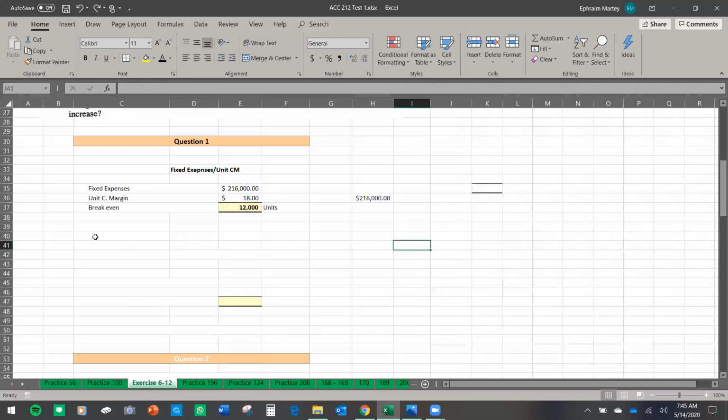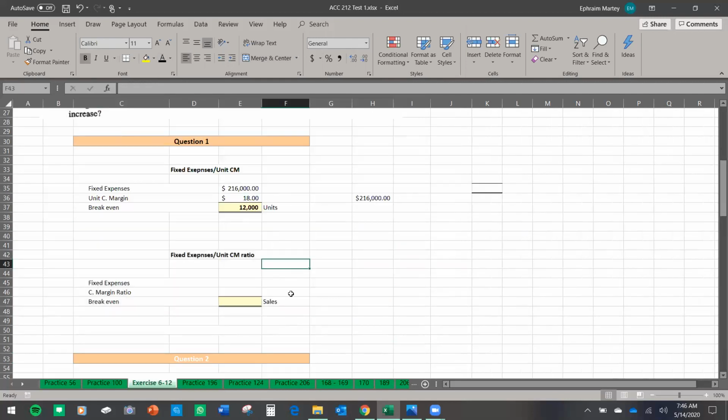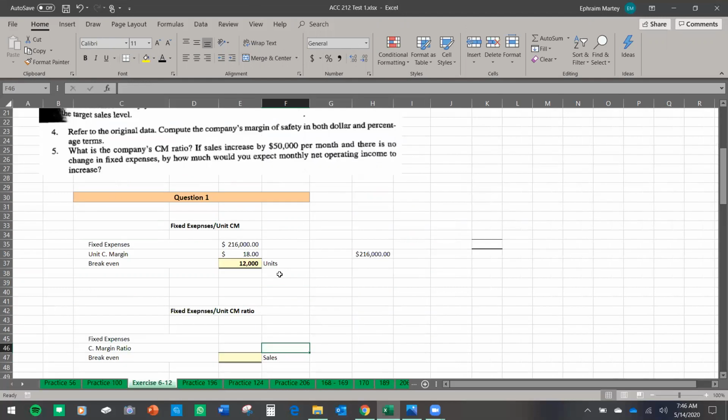Okay, let's move ahead and find the one in dollars. So it's the same formula or similar formula, but what we do here is we divide it by unit CM, divided by unit CM ratio. That's the percentage. Okay. So we still need to use the same fixed cost, okay, fixed expense, and we already have it here. So I'm going to just reference it, 216,000.